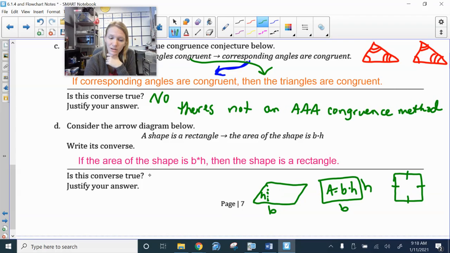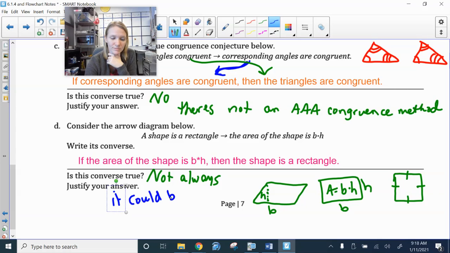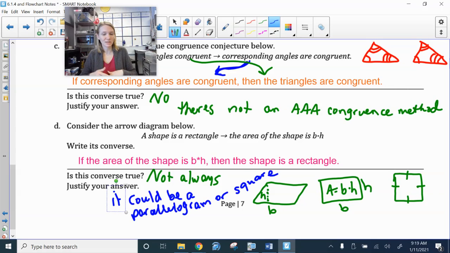So is it true always? Not always. Sometimes it's true, but not always, because it could be a parallelogram or a square, and its formula would still be base times height. And that's all that one is.